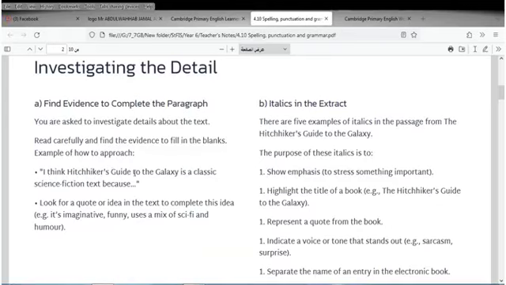I think Hitchhiker's Guide to the Galaxy is a classic science fiction text because it talks about time travel or space travel. It has advanced technology at that time, like the electronic book.